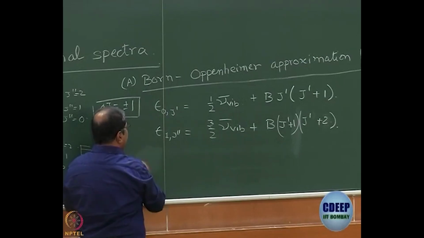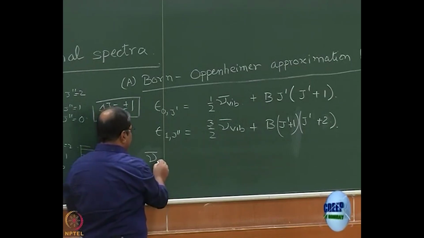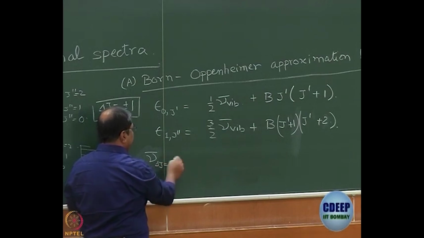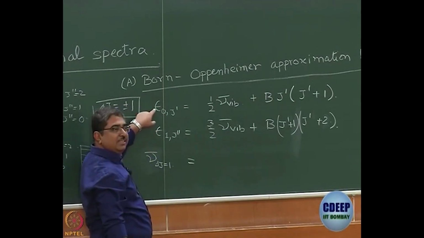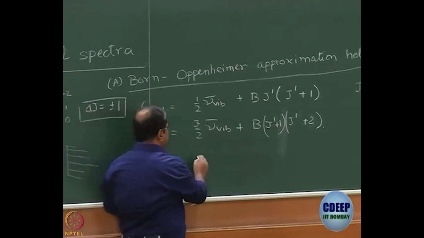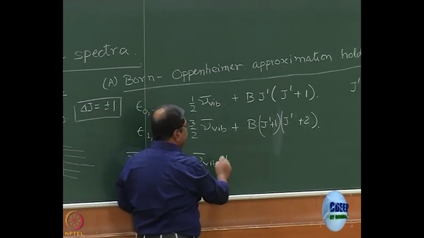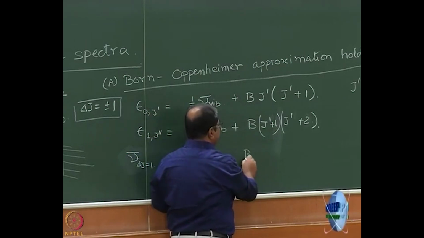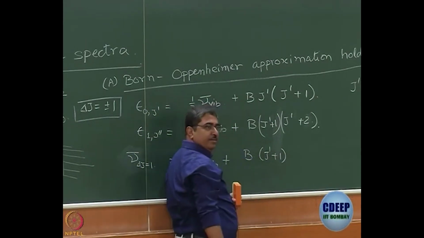So, in that case, how do I write it? Let me write it as nu bar, right? Nu bar for delta J equal to plus 1. What is that going to be? Epsilon 1 J double dash minus epsilon 0 J dash. What does that turn out to be? That will be nu bar Vib plus B. I can take J dash plus 1 common, right?